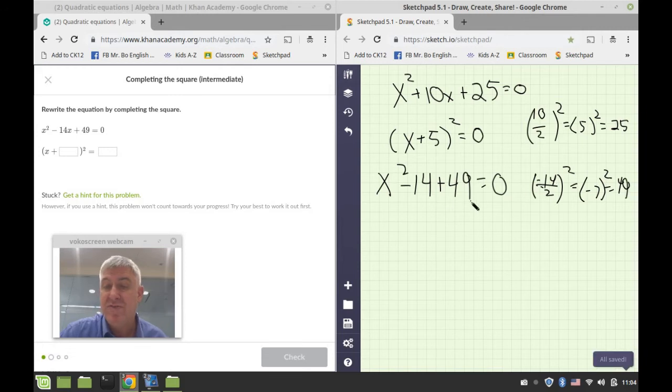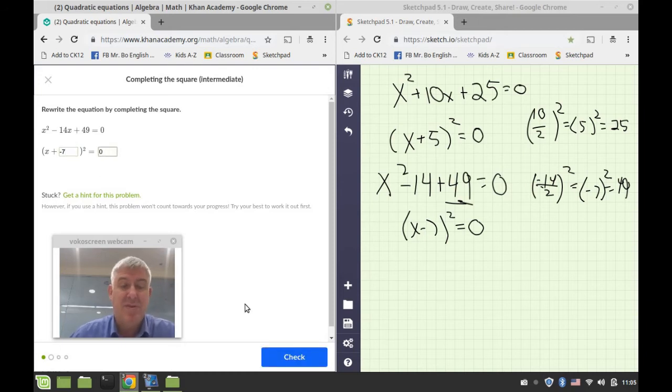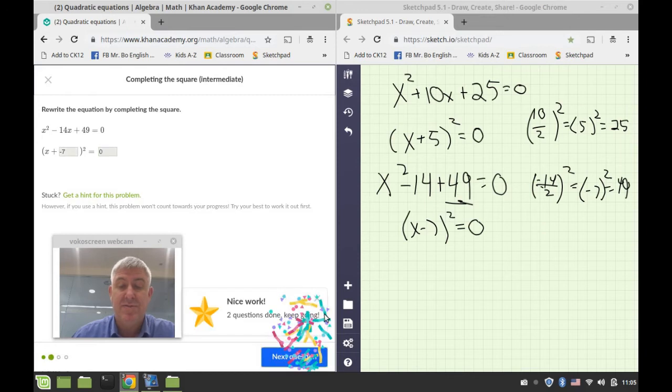So we know our constant over here has to be 49, and it's already 49. So we're just going to move it into squared form, and it's x minus 7 squared. And we'll still keep the 0. We haven't changed anything. We're going to need to change this sometimes. The first couple ones are not very difficult.